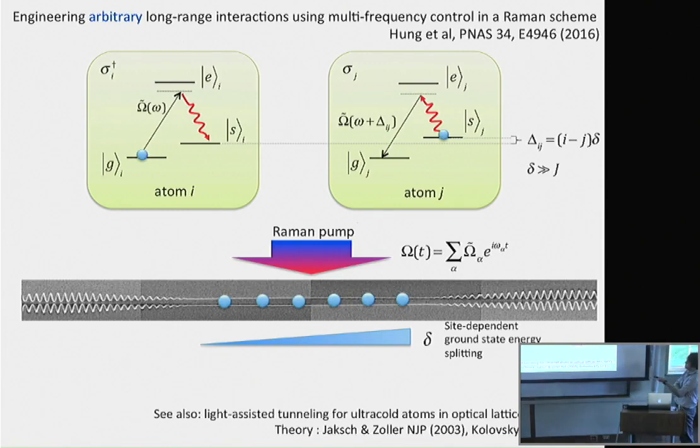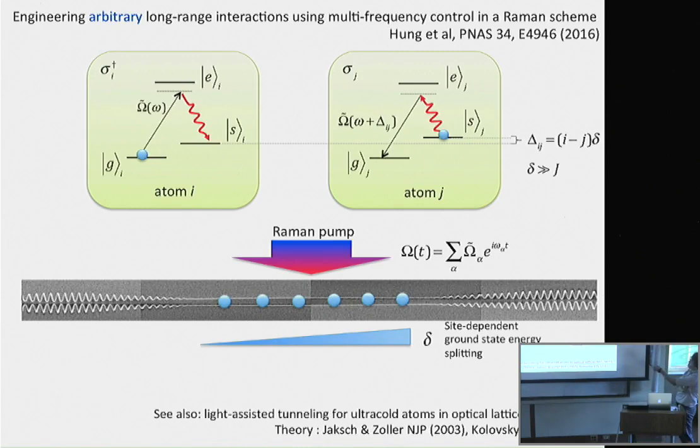What we're going to do is apply a uniform, say, ground state energy gradient, or locally address the atoms with a different potential energy, so that we can shift the ground state energy, in particular this S state here, differently according to the localization of the atoms. All right.